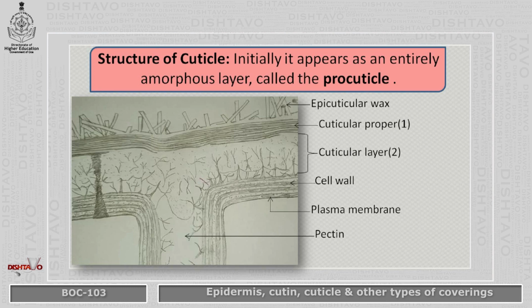Now, the cuticle proper consists of epicuticular wax, whereas the second layer consists of pectin, hemicellulose and soluble waxes. The process by which the cuticle proper is formed, that is the first layer, is known as cuticularization, whereas the second layer is formed by a process known as cutinization.